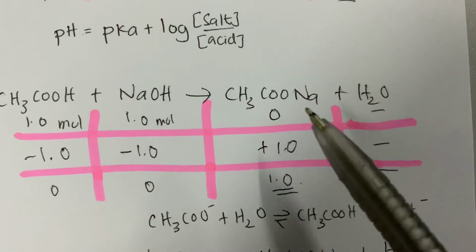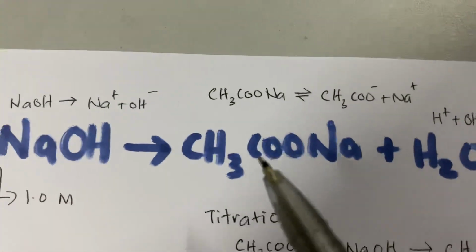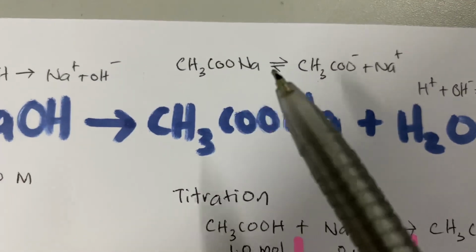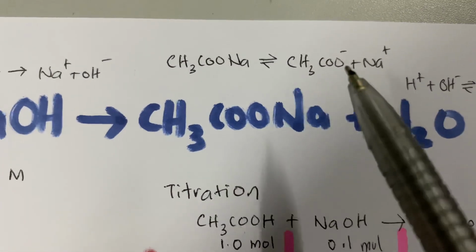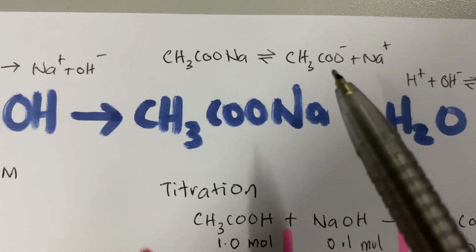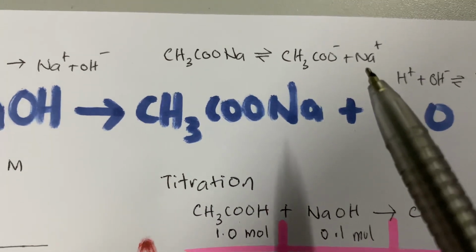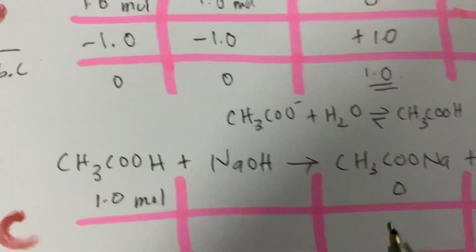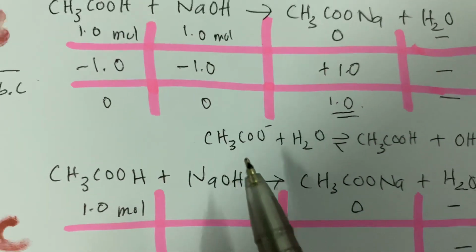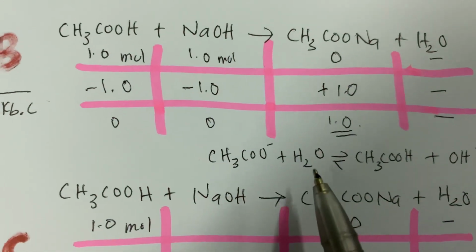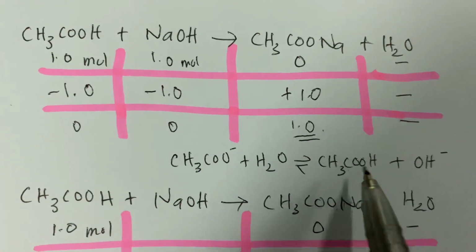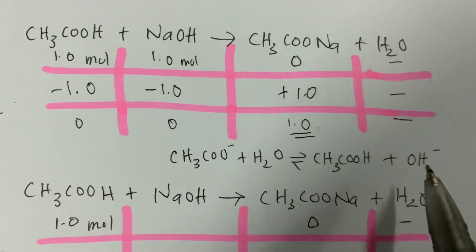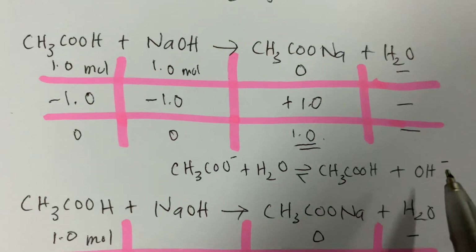How do I know this is a basic salt? We look at here. This salt, when it dissociates, you will get CH3COO minus, the ethanoate ion, and sodium ion. So when we put the ethanoate ion in water, what will happen? It will produce back the weak acid and the OH minus.